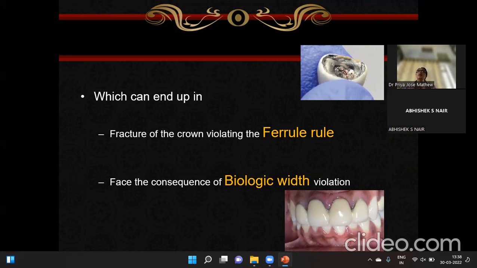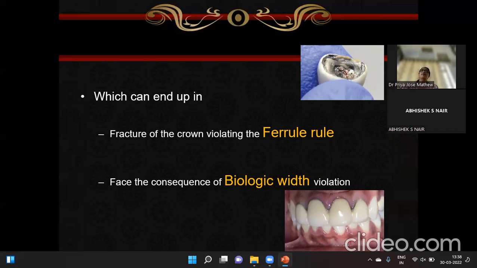Now, what is the situation that can happen? We know that it is a single crown and we know that it is a canine tooth. So if the patient chews on some food or bites on something, say even a biscuit, they tell us that the crown got fractured. So what happened?